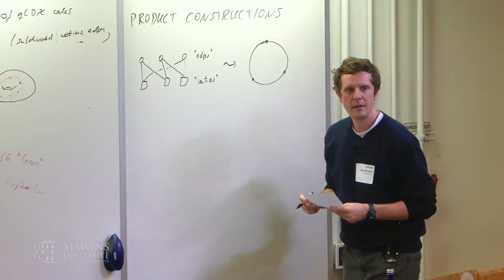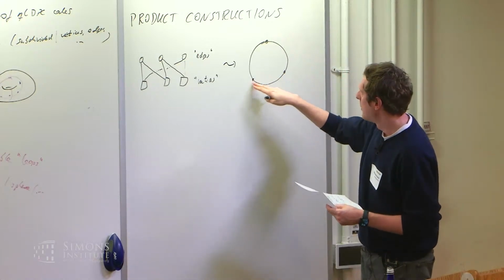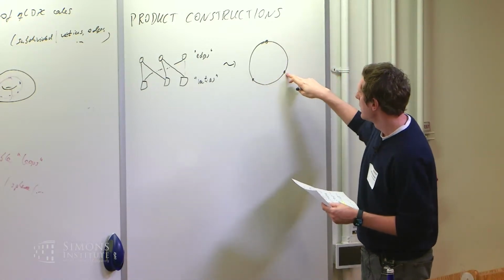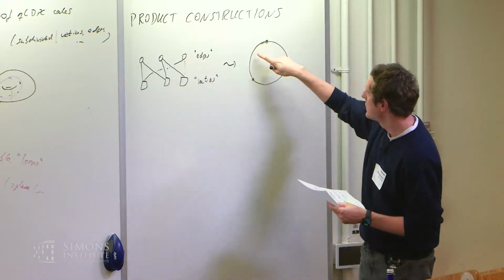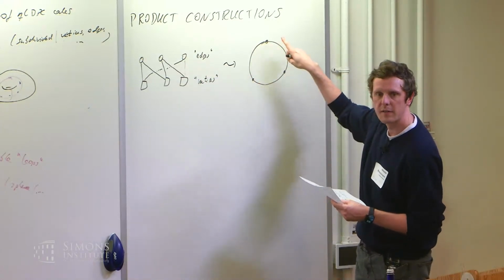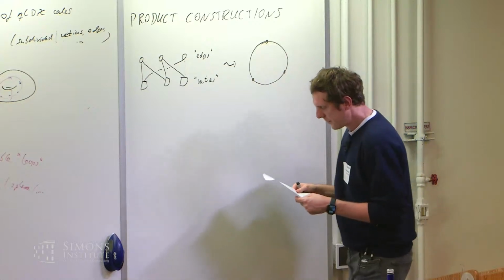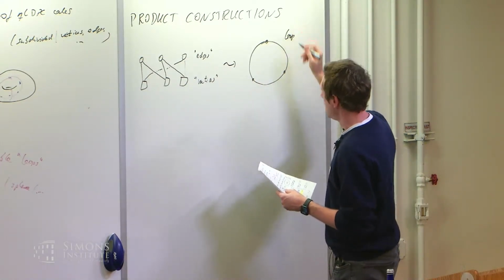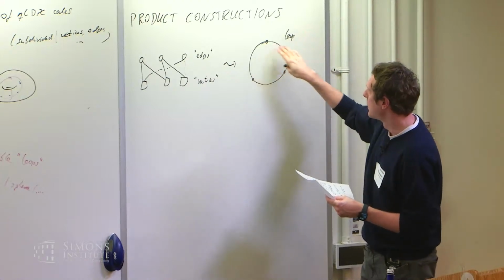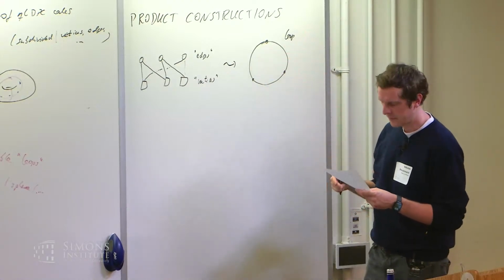These are now my checks, the vertices, and I have edges, which are my bits, and each bit is checked by two checks. And again, codewords are just assigning 0, 0, 0 or 1, 1, 1 to all the edges.